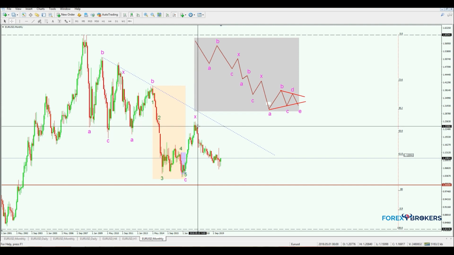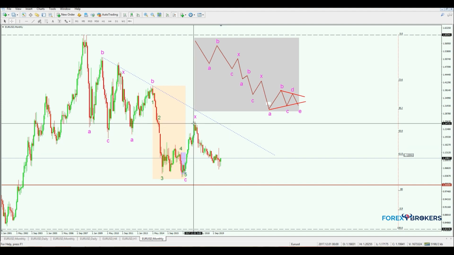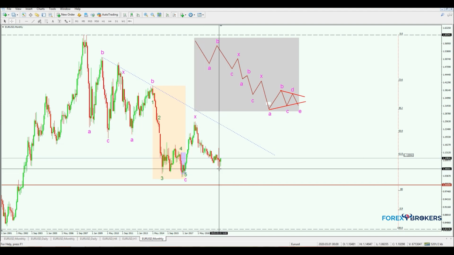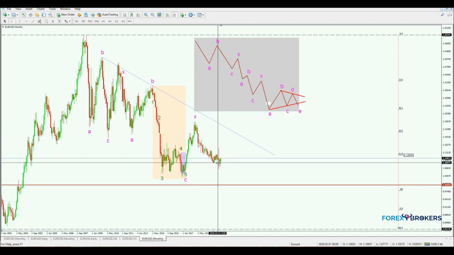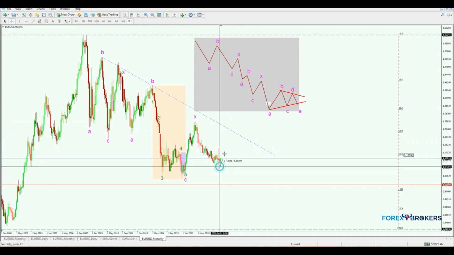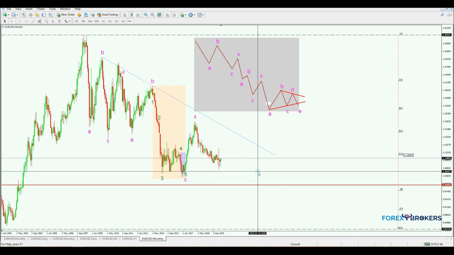And then from that moment on, count this move lower. If we see a possible wave A ending here, then the chances are that the triangle will be moving towards a B wave. If the end of the A wave is not in sight, then maybe the market will continue the move lower.